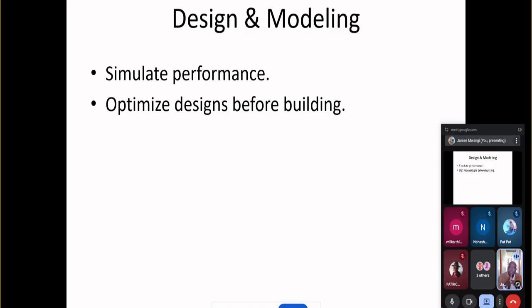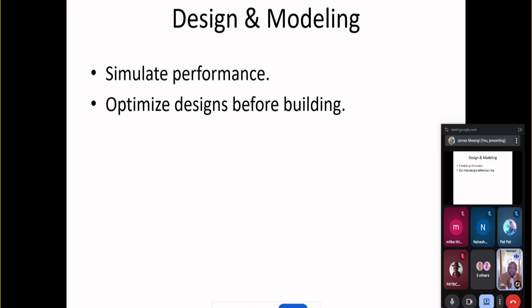You can simulate an electrical circuit. You can simulate a chemical process if you are mixing chemicals. And then this is where you optimize your design, to find which is the best before you build.